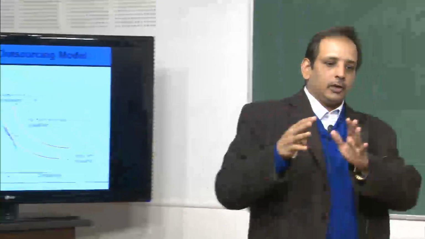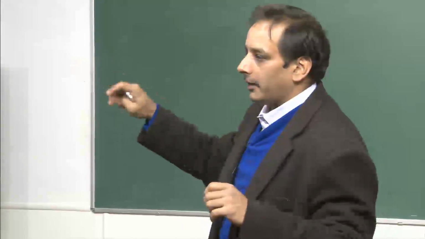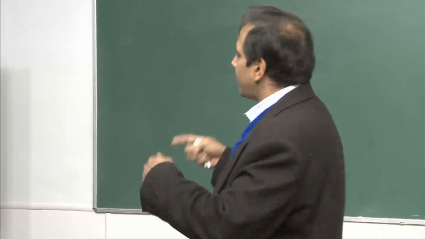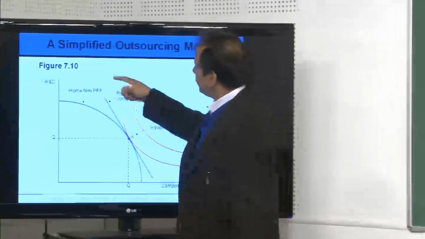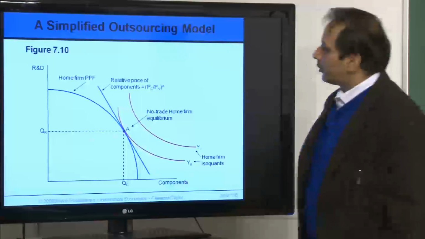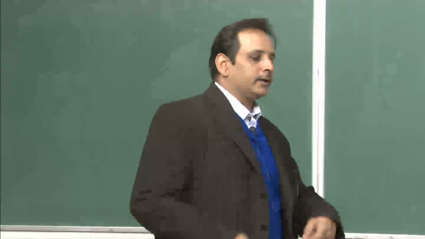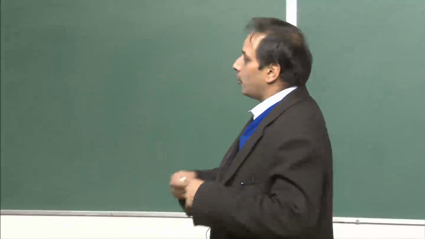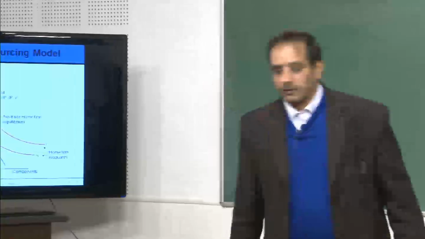So, they have outsourced component production to the foreigners, and they have done it because they can produce the goods at a lower cost. If they can import the components at a lower cost and if they can get a higher price for an R&D intensive product, then it is a gain for the home or the firm in the developed nation.